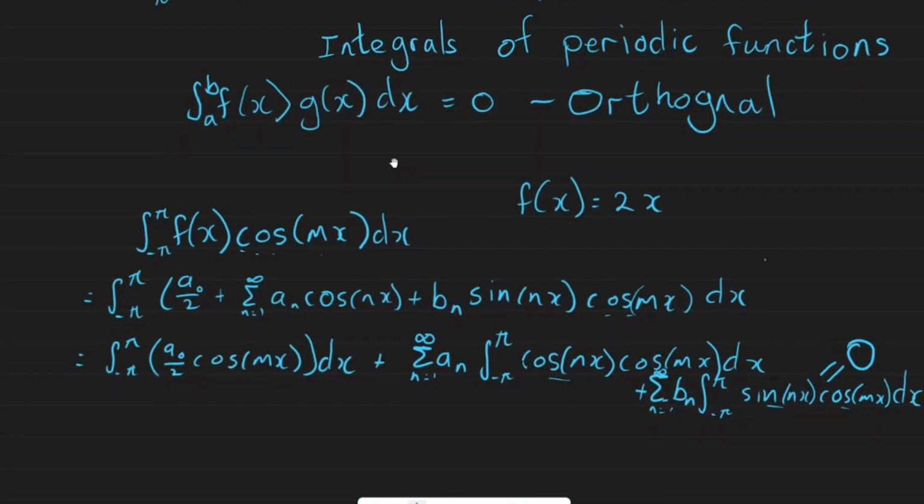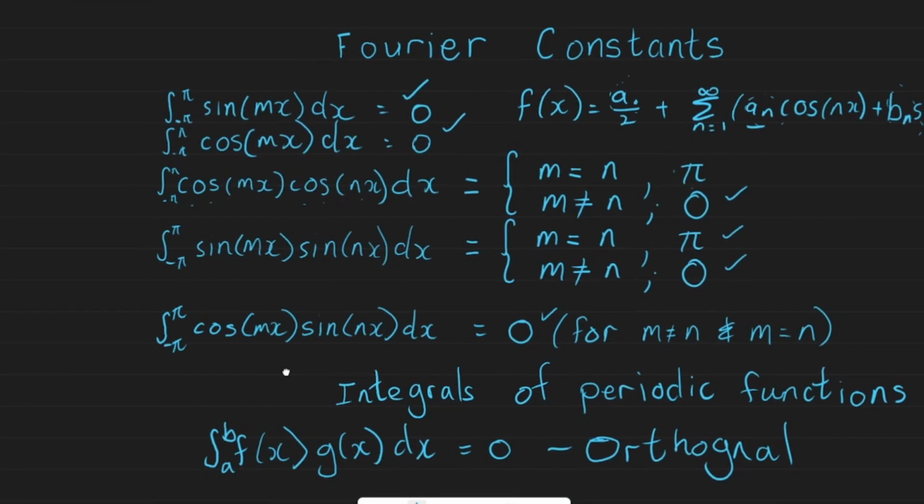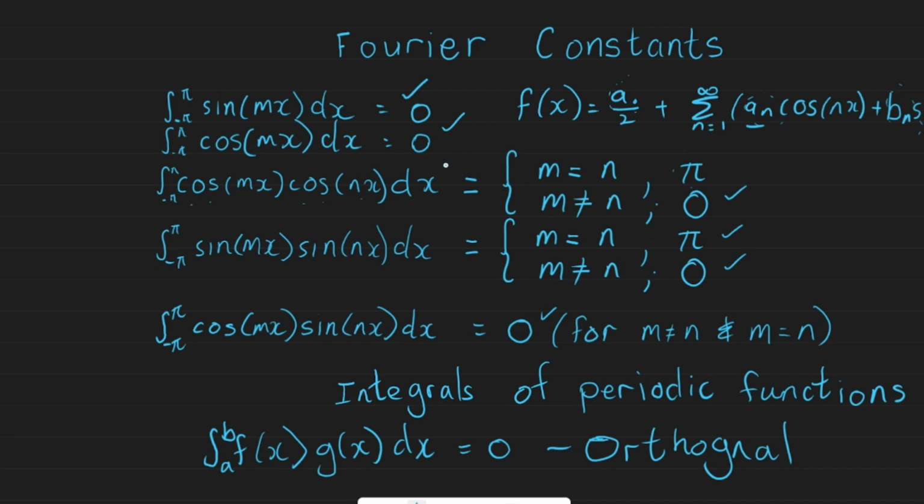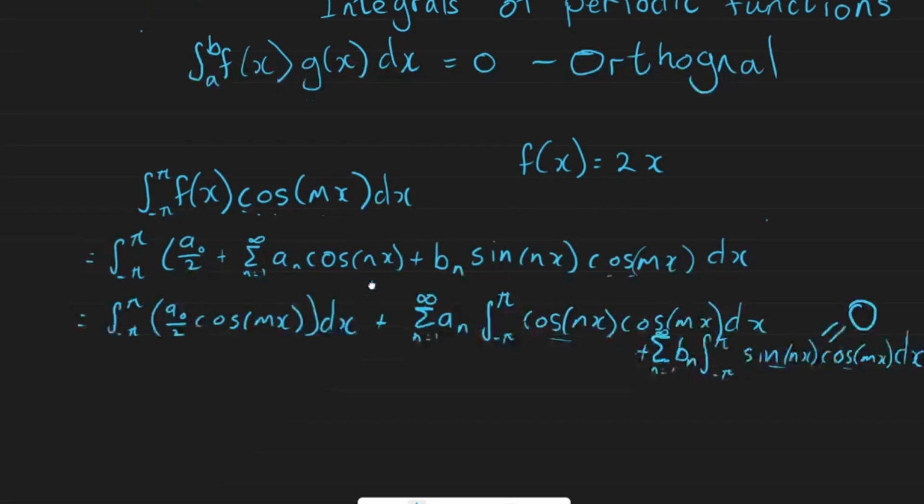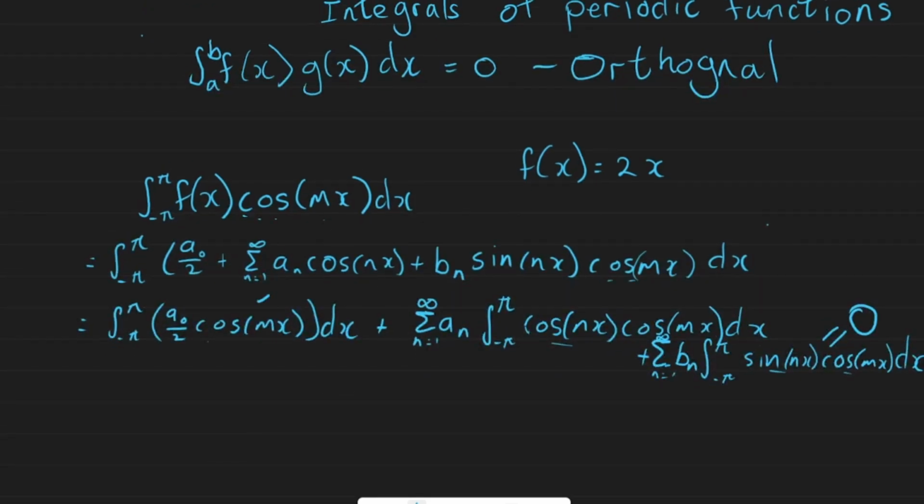And lastly, for the first term, we have the integral of cos mx, which as we saw earlier is just 0 as well. So that first term is 0. So this is equal to 0.